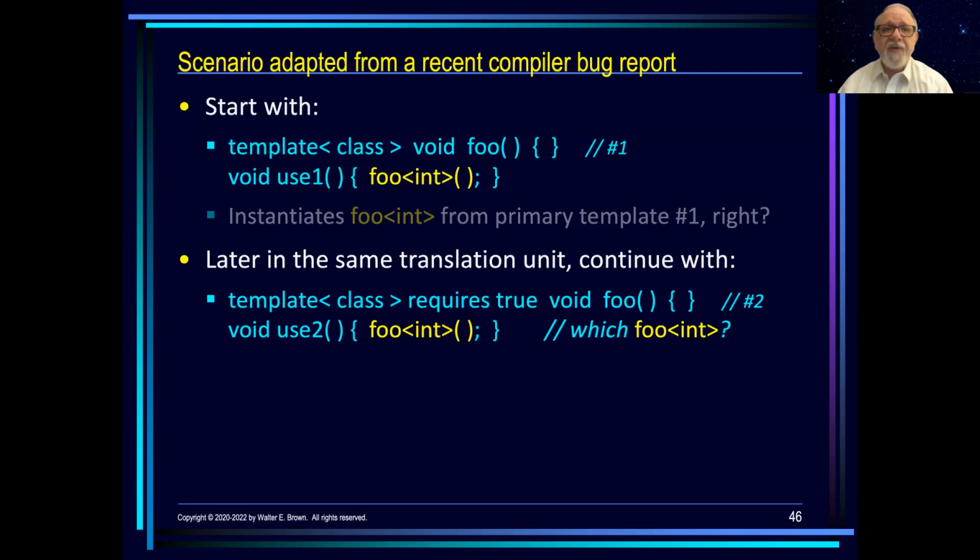And now a second function, use2, makes an identical call as we saw before. So now I have 2 function templates, each of which can synthesize a function declaration, and those look identical. So which one is going to be called from inside use2?